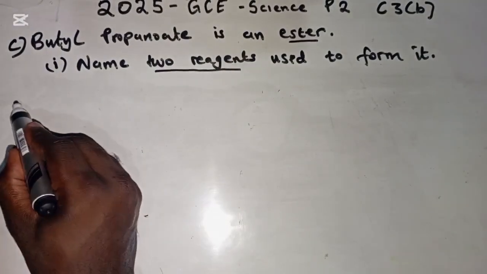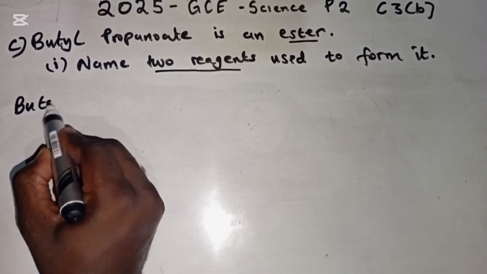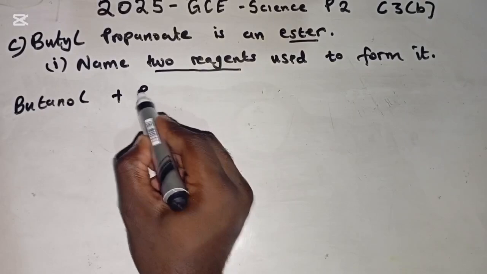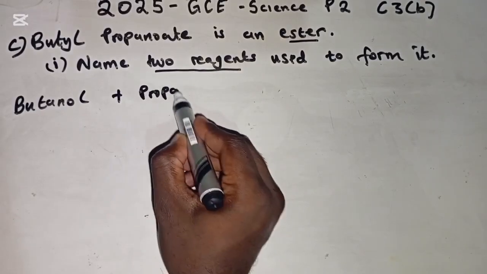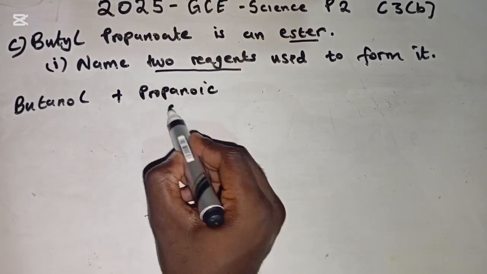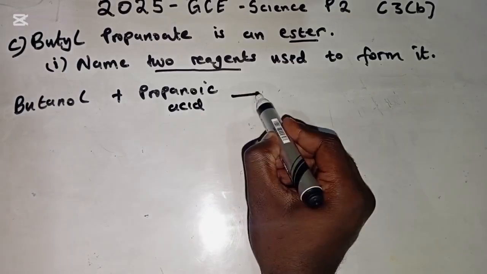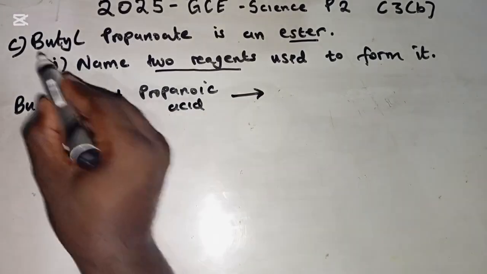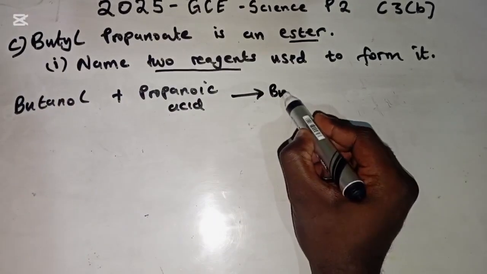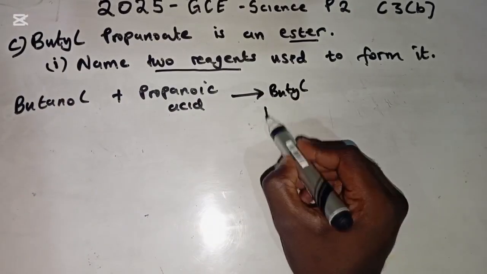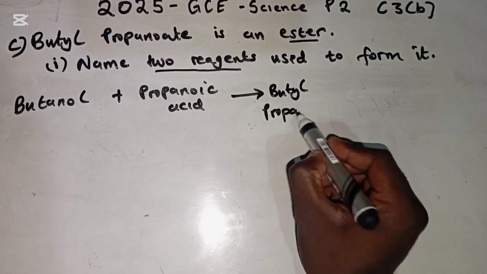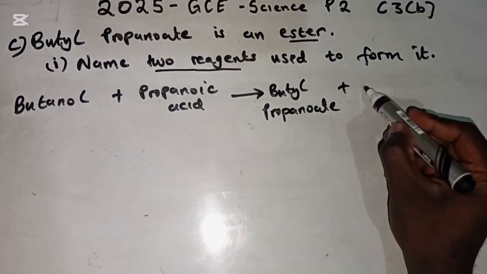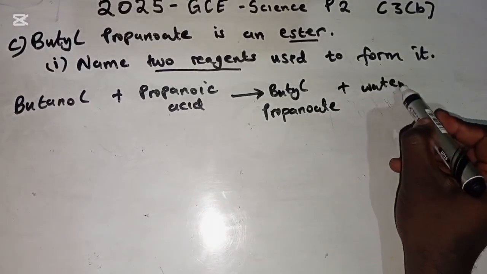If you react butanol plus propanoic acid, this will give us the ester, which is butyl propanoate, plus water.